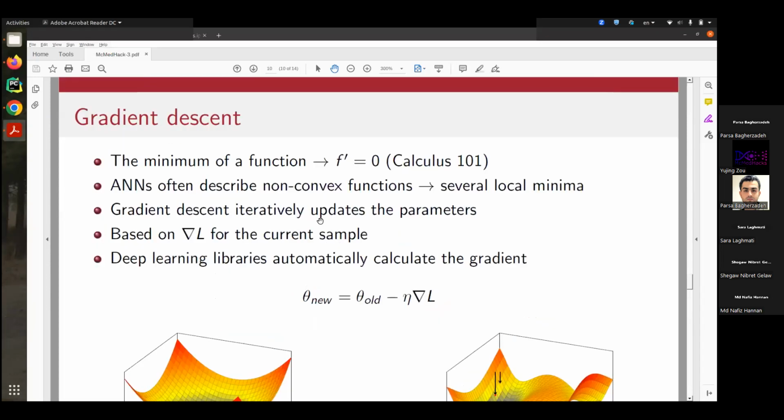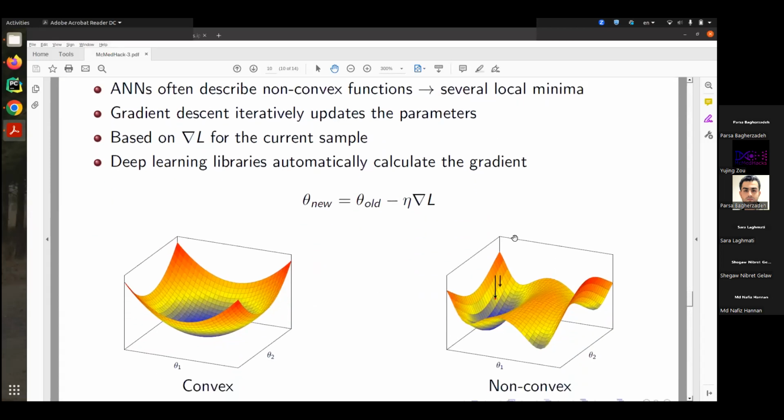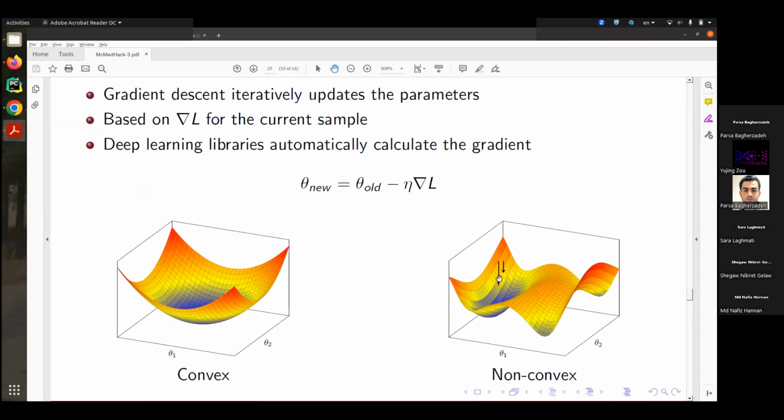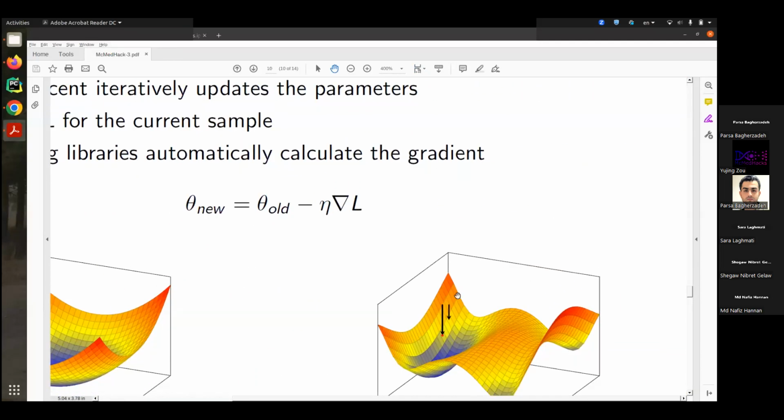If you choose a very large learning rate, meaning I'm choosing a big step, you might jump to this side instead of going downward, and suddenly your loss would be greater, not smaller.